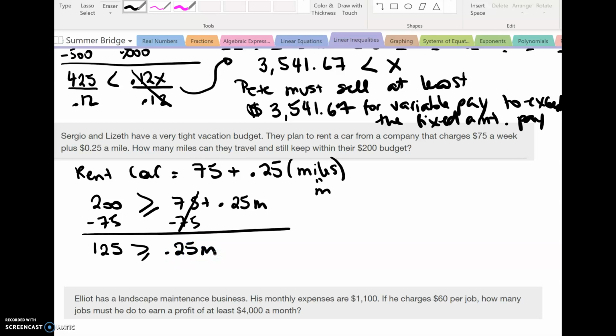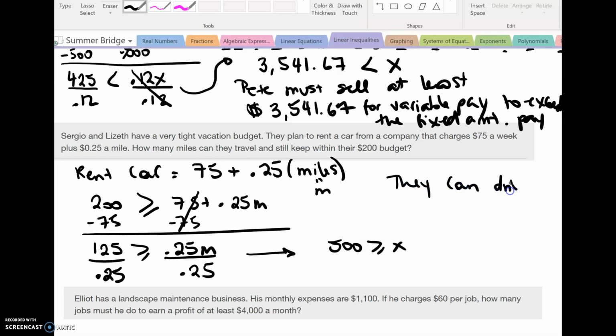Now I'm going to divide both sides by 0.25, which means that they can drive 500 miles and still be within budget. Okay, they can drive at most 500. So they can drive no more than 500 miles.